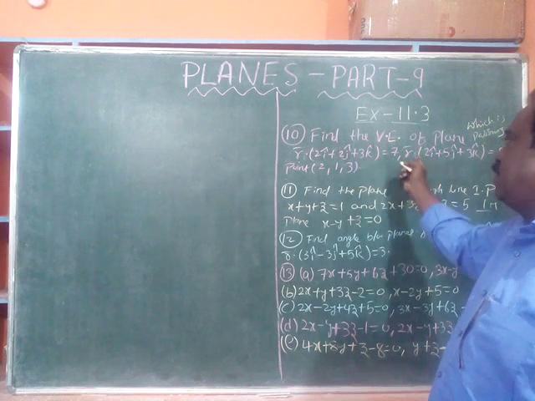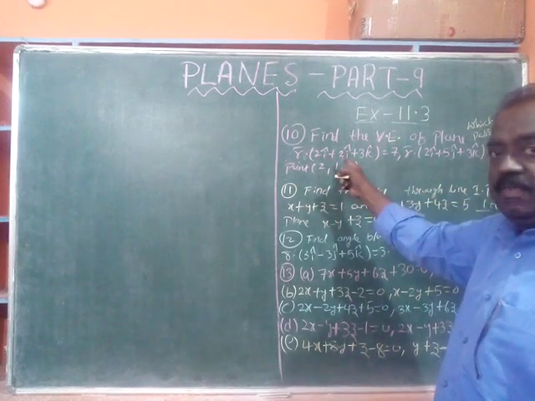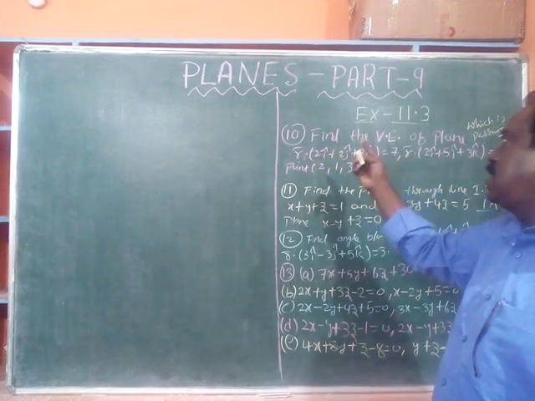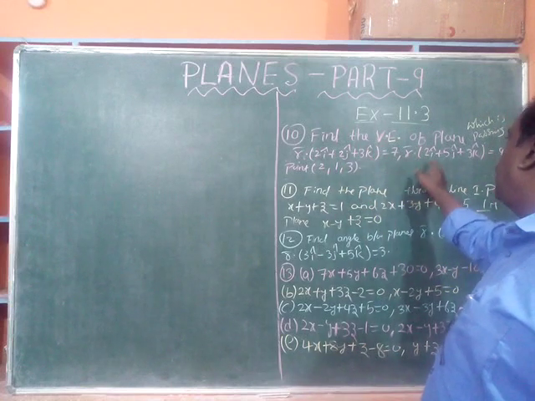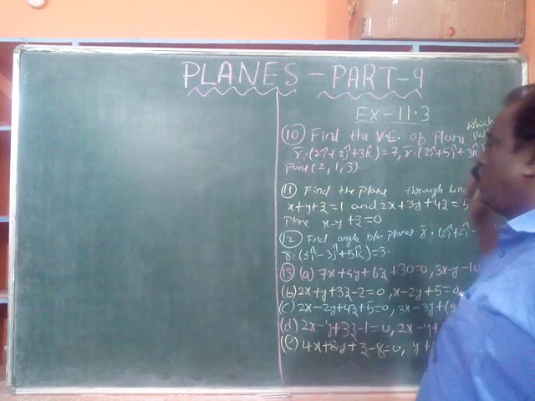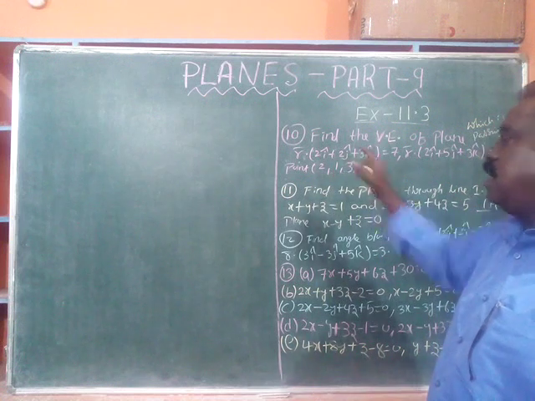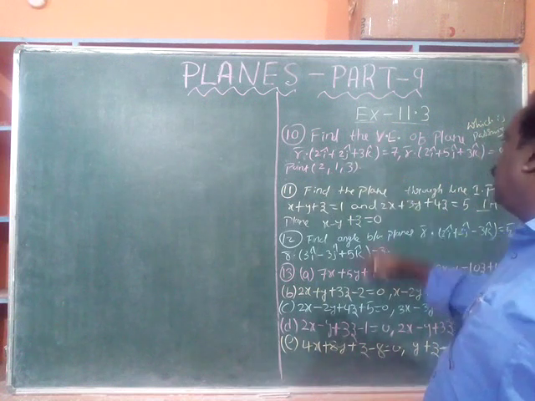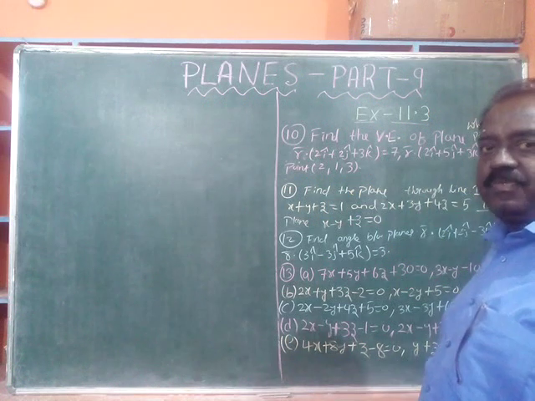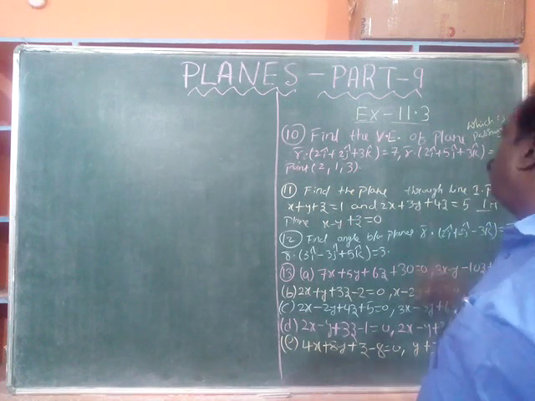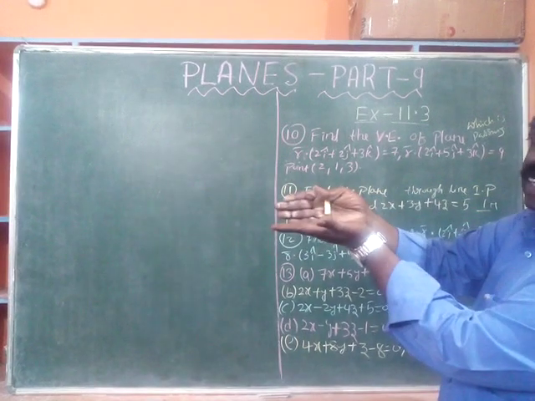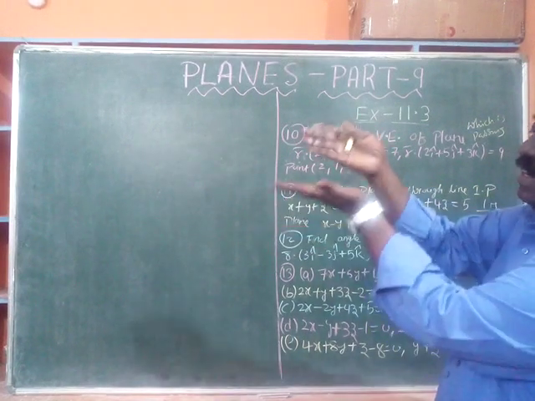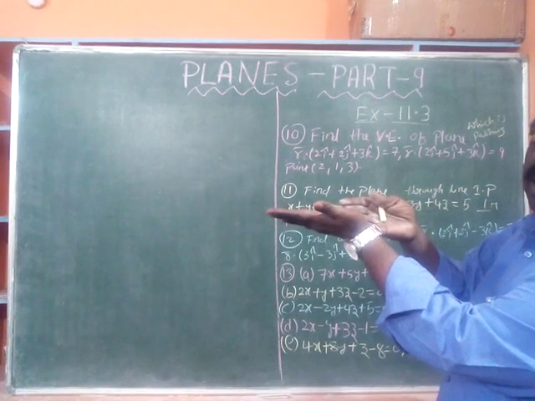There are two planes in vector equation form: R bar dot of a vector is equal to 7, and R bar dot of another vector is equal to 9. Like R bar dot n cap is equal to p, R bar dot m cap is equal to q. It is in the normal form. If the two planes intersect at one line, not a point.